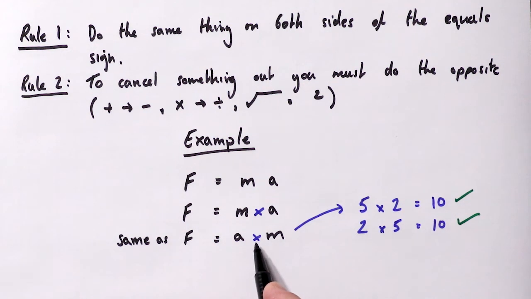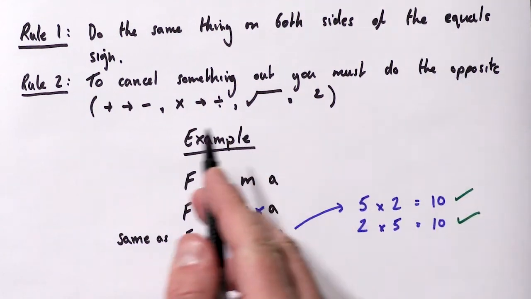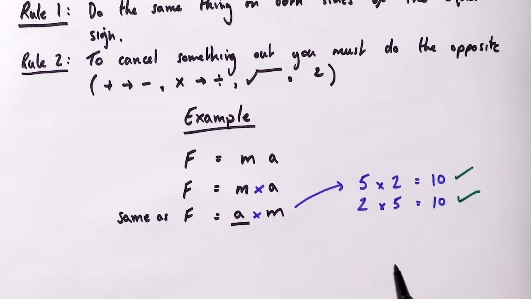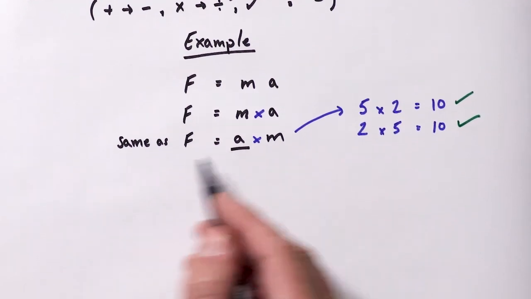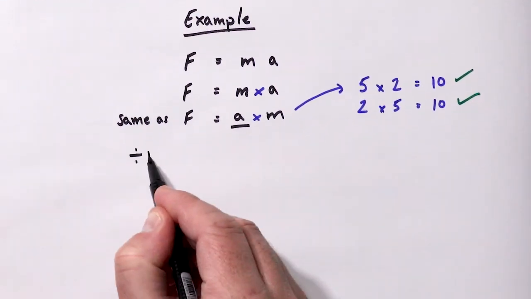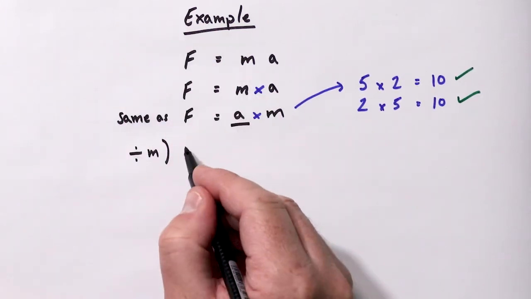Now I've got a times m, and I want to get a on its own. I want to find what a is. So what I can do is follow the two rules. I'm going to do the same thing on both sides of the equal sign, and to cancel something out, I'm going to do the opposite. So to cancel out this m and move it on its own, I can divide by m. And I'm going to do that on both sides of the equation.